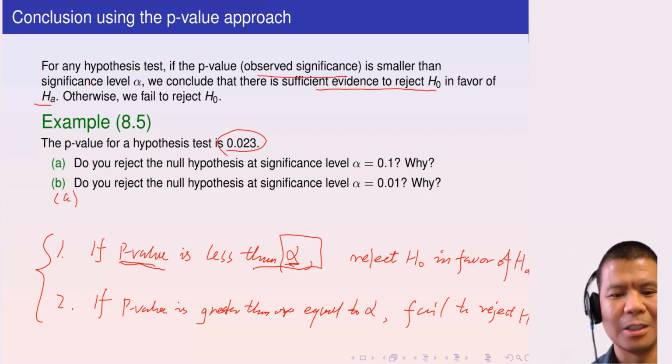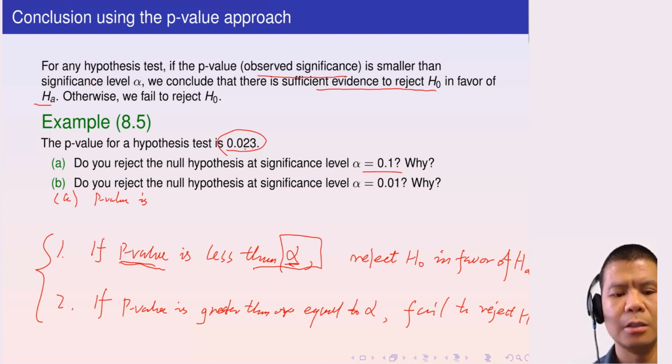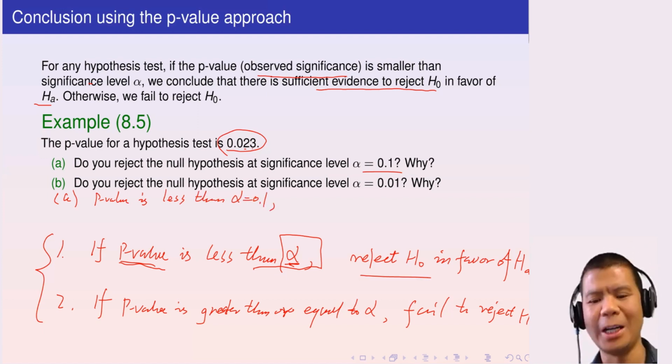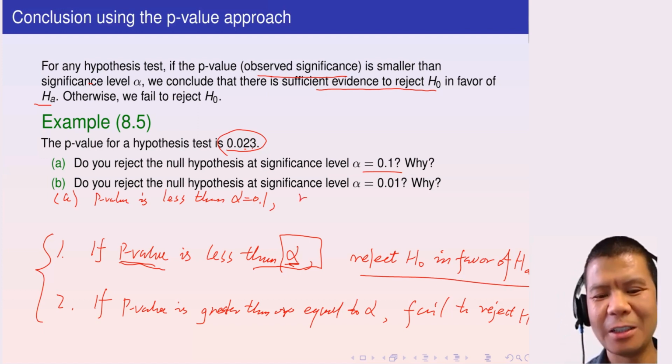The p-value is 0.023. I believe it's less than alpha, which equals 0.1. So we reject H0 in favor of HA. Do we reject it?